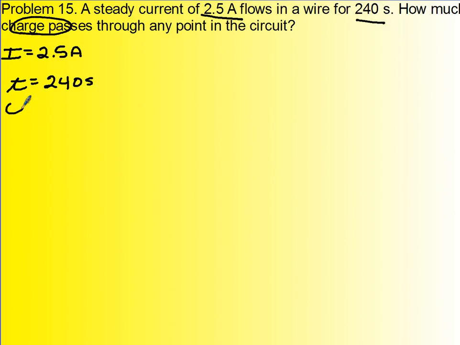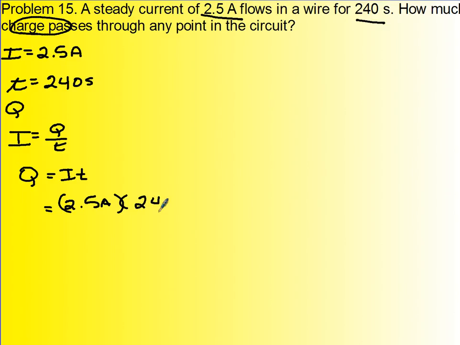I'm looking for my total Q. So I is Q over T. You can use the deltas, it doesn't matter. So Q is I times t, 2.5 amps times 240 seconds. If I multiply this out, I get 600 coulombs.